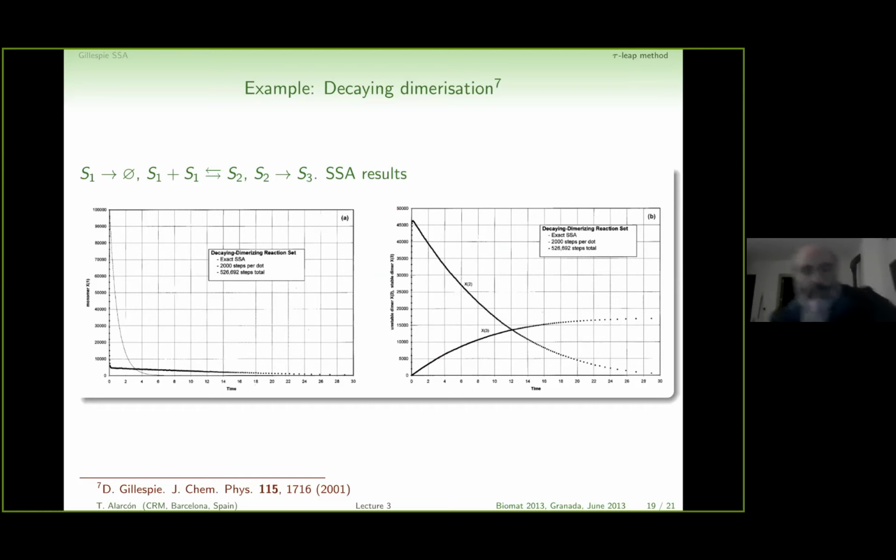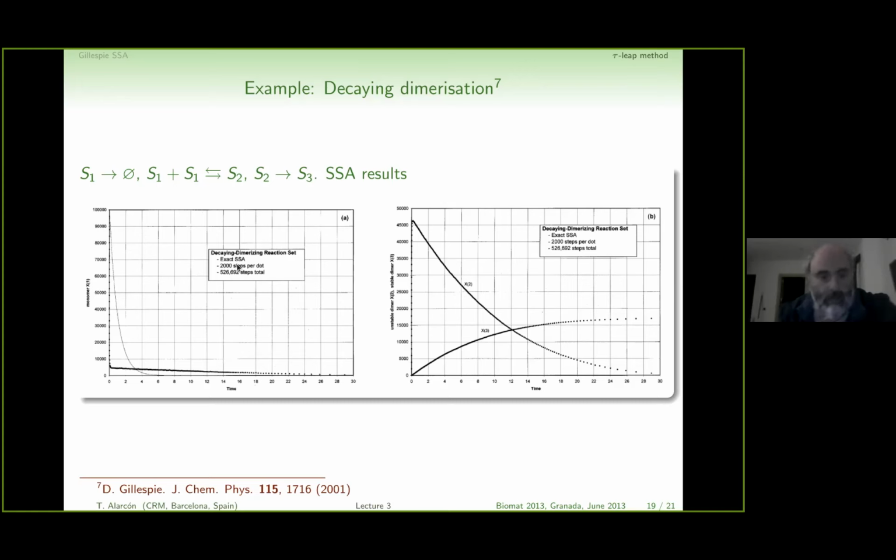And that's it. This is a couple of examples that Gillespie proposed in his paper. We can see here, comparing with the exact SSA method, that the comparison is okay.